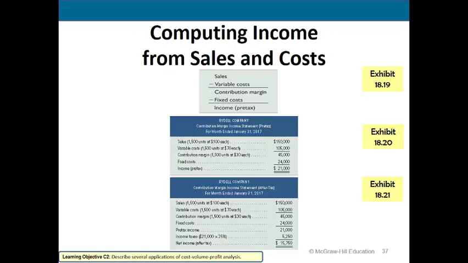Your fixed costs are still $24,000, so your pre-tax income is $21,000, and then you could take that and calculate an after-tax contribution margin income statement as well, which is simply adding income tax at 25% times $21,000 pre-tax income. So net income after tax is the difference of $21,000 and $5,250, or $15,750.